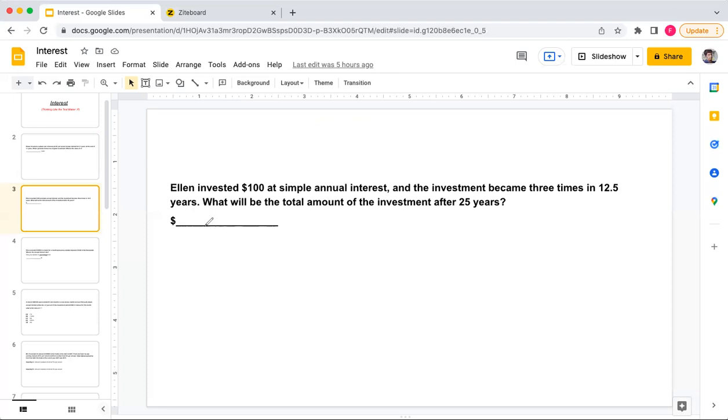The question is saying that Alan invested 100 at a simple annual interest, and the investment became 3 times in 12.5 years. So at start this is 100, and at the end of 12.5 years this becomes 3 times, which is 300. So there is an increase of $200 in 12.5 years.